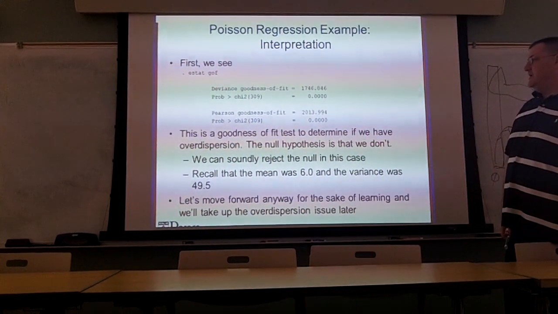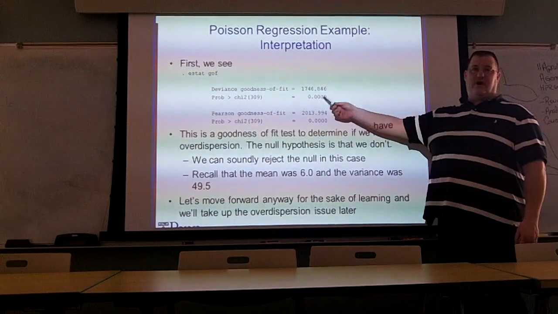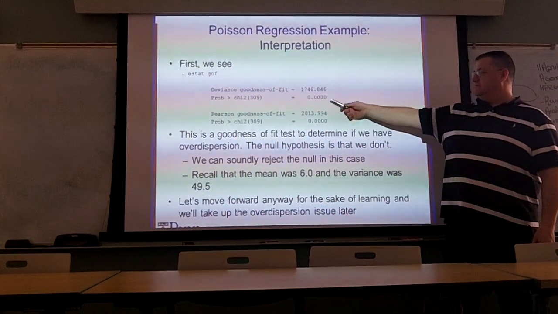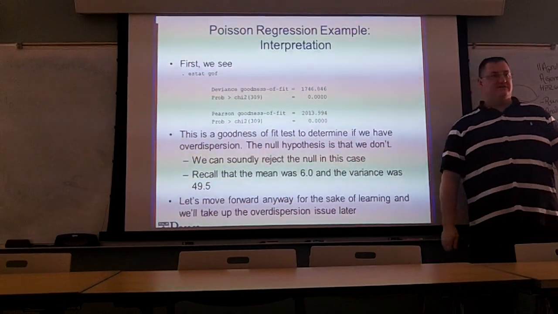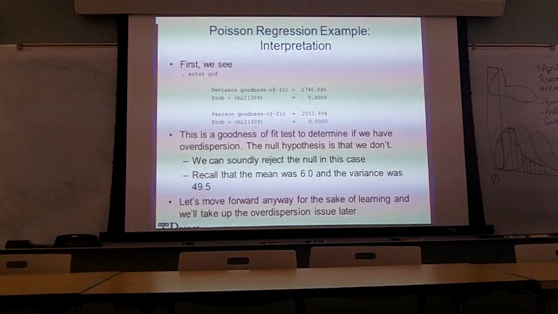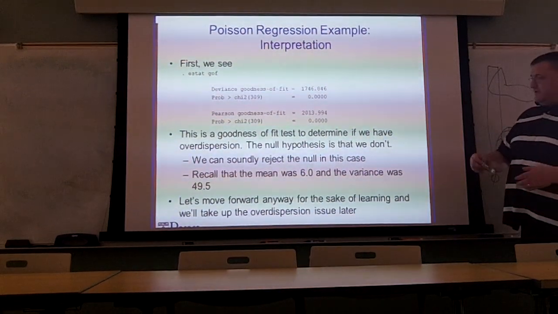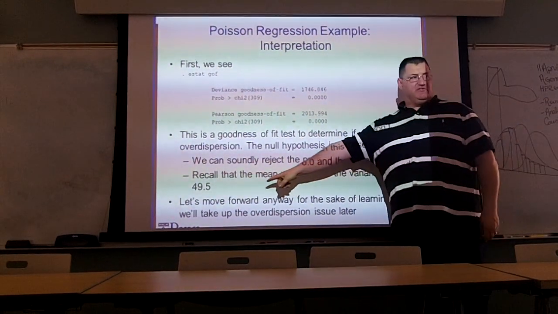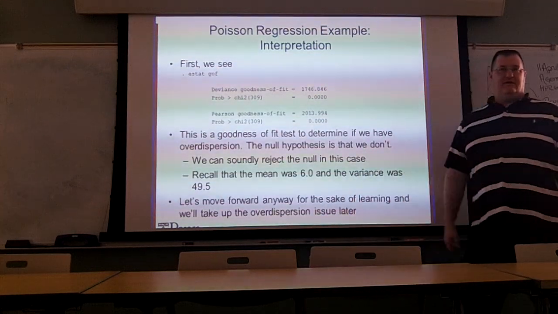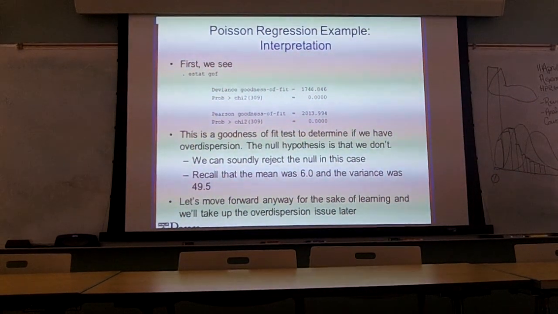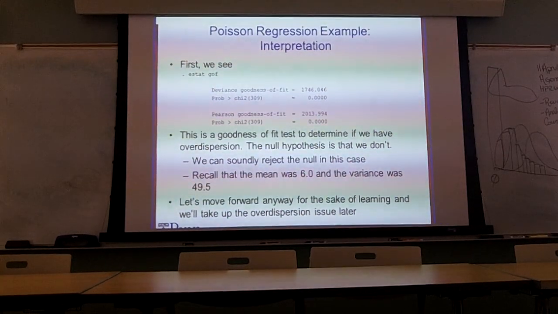Okay, does this surprise anybody? These chi-square statistics are enormous, right? Given that you guys are so smart, I know you have in your head that the mean was 6 and the variance was 49.5. So it shouldn't come as a surprise that the data don't fit the model at all.